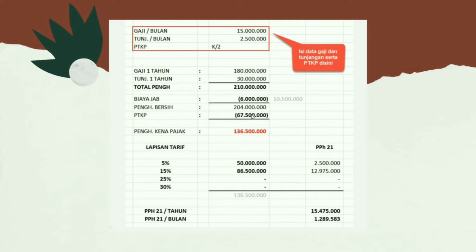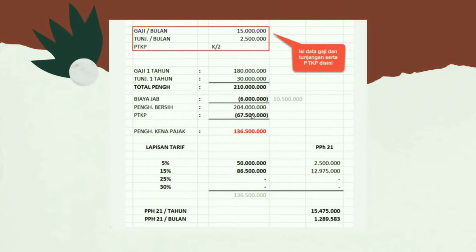To make it easier to explain by layer: for this income, from 0 to 50 million a 5% rate is imposed, so the first layer is 50 million times 5%, which is 2,500,000.